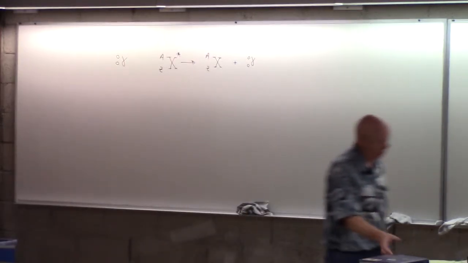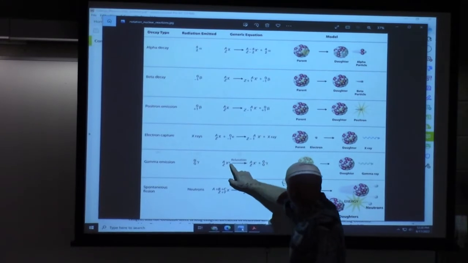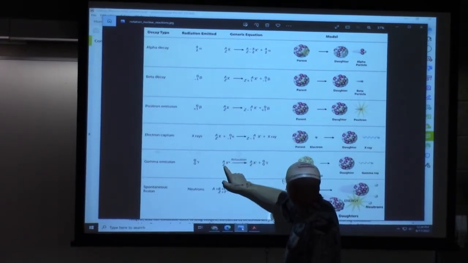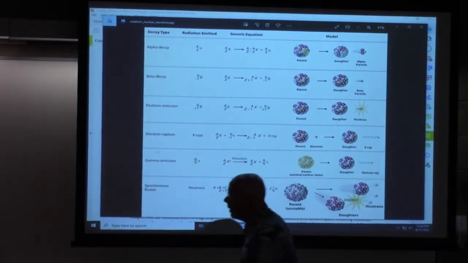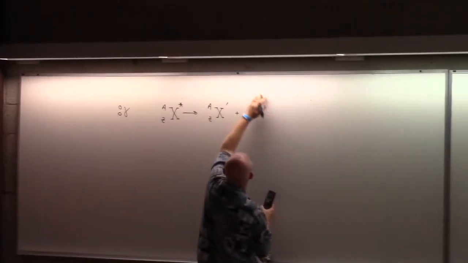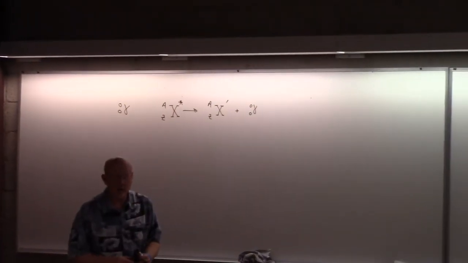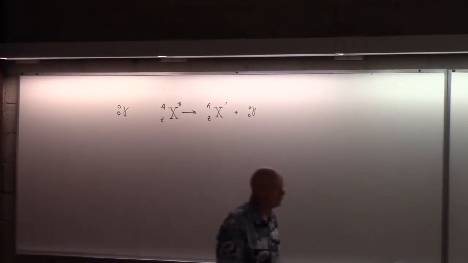In fact, I'm going to look at your author's notation. What did he use for the gamma decay? Oh, good, he did use the little star. So he puts a little star here, and he says X with a star then becomes the daughter. Oh, and I should have put a prime to indicate that it's the daughter like I did at the other ones, but at the same time, the daughter is no different than the parent. It's just lower energy.